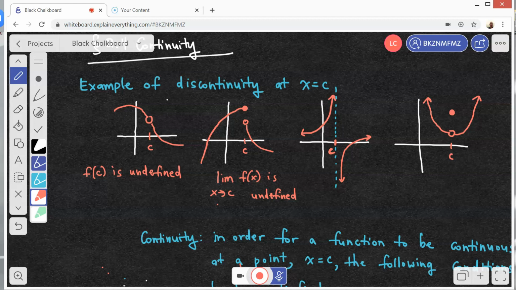In the third example, we have that f of c is undefined. And the limit as x approaches c of this function, let's call that function f of x, is also undefined.